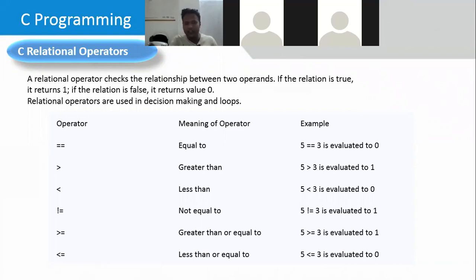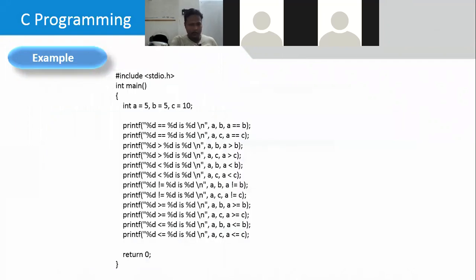So these are the relational operators we are using: equal equal, greater than, less than, not equal, greater than equals to, less than equals to. Now we go for the example to check.